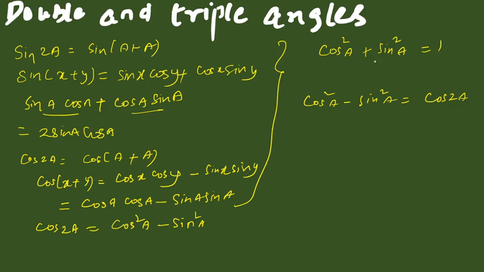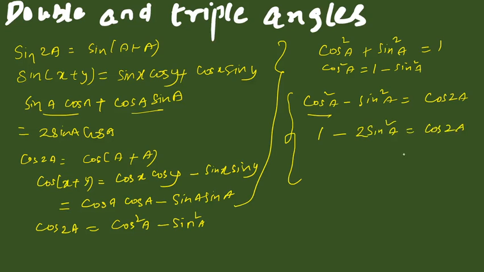Now listen carefully here. Cos square A can be written as 1 minus sine square A, and sine square A can be written as 1 minus cos square A. If you write cos square A as 1 minus sine square, there is already a minus sine square, so this is also a formula of cos 2A.